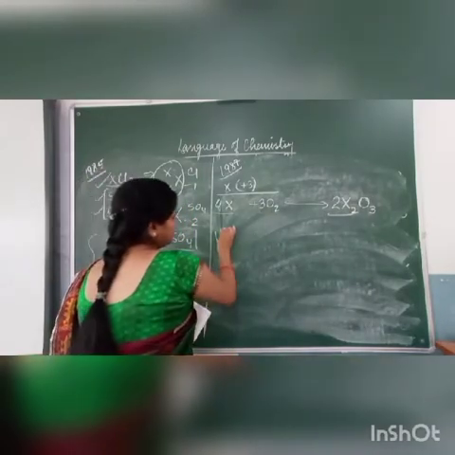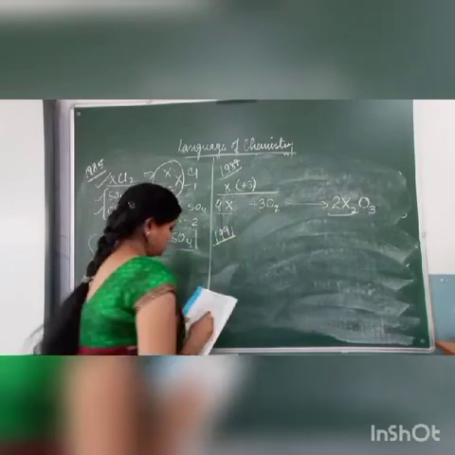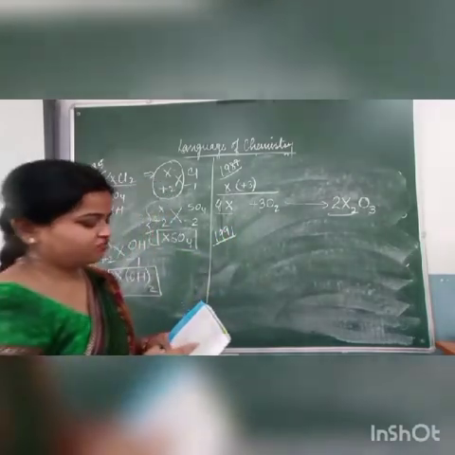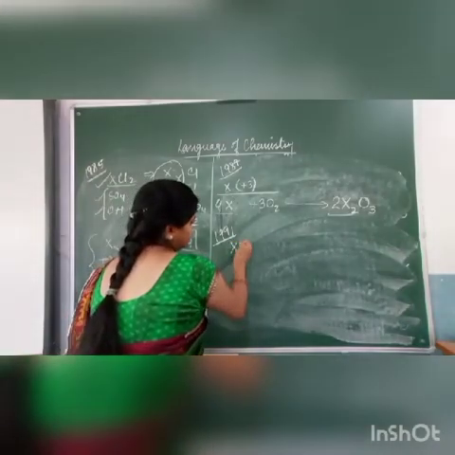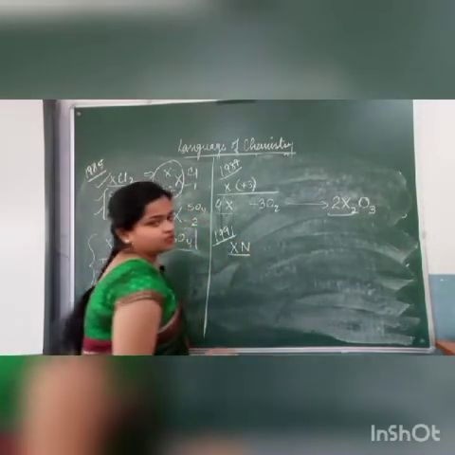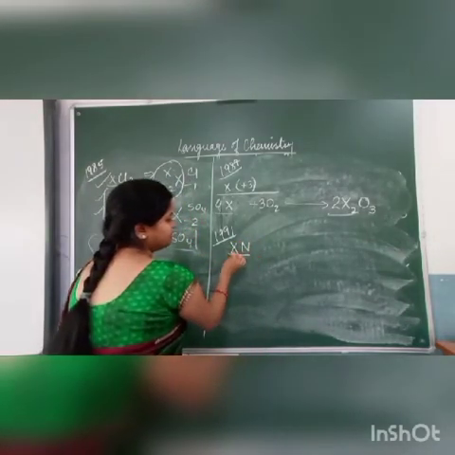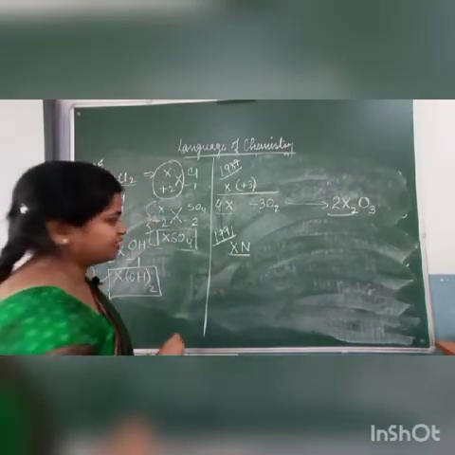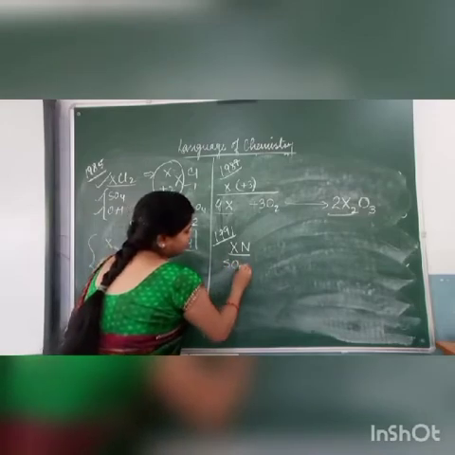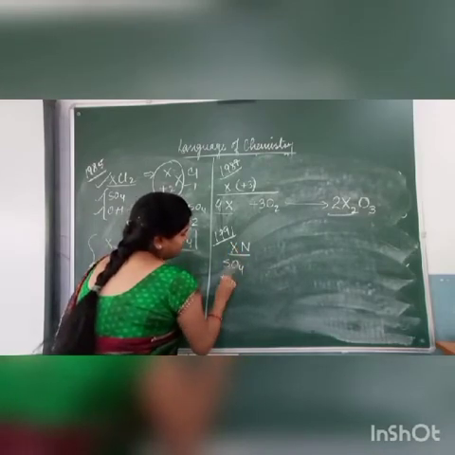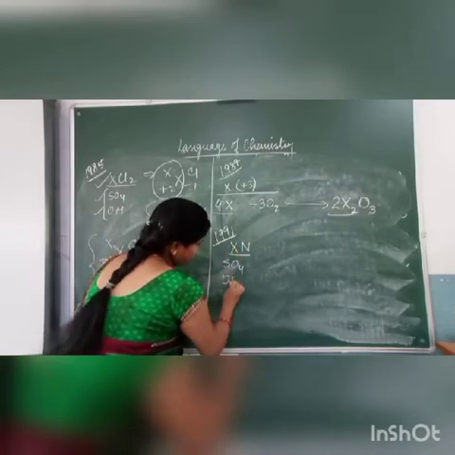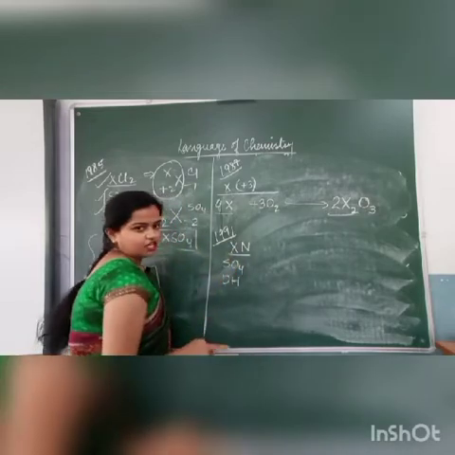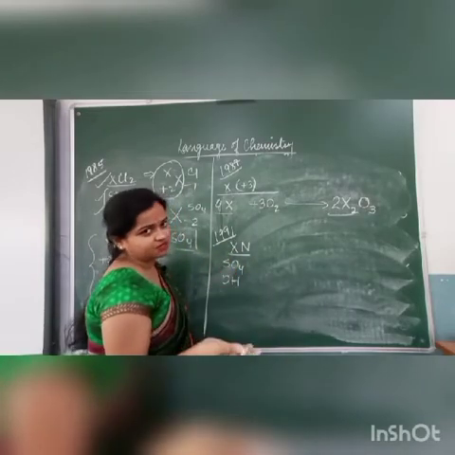Then the question of year 1991. The formula of the nitride of metal X is XN. XN is the formula of the nitride where the metal combines. State the formula of the sulfate and hydroxide. Again you have to give the formula of sulfate with X and the formula of hydroxide with X. Now nitride, again the same thing.